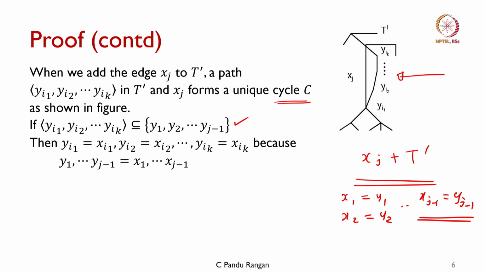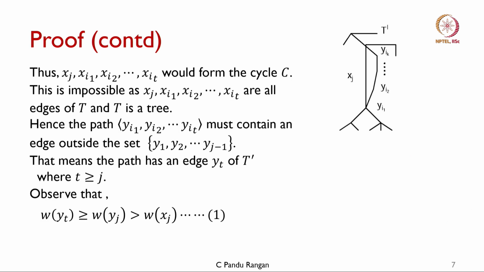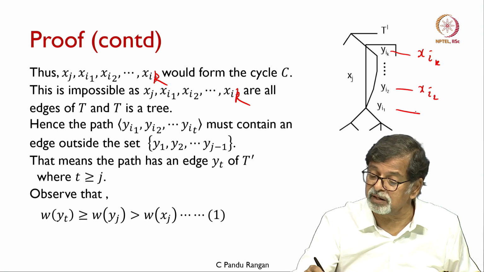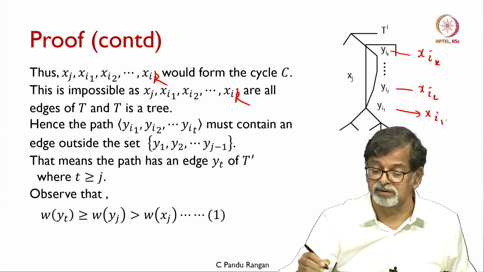Therefore, we have the following situation. Therefore, you have xj, xi1, xi2, etc., xik, and they are all edges of a tree. yik is xik, yi2 is xi2, yi1 is xi1.